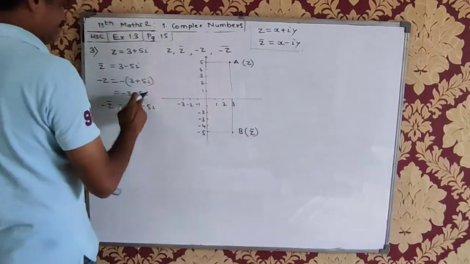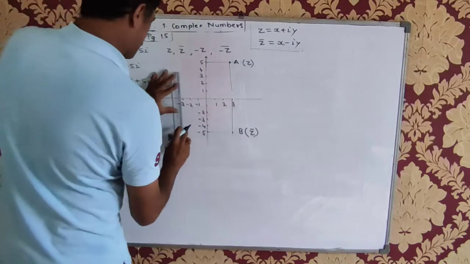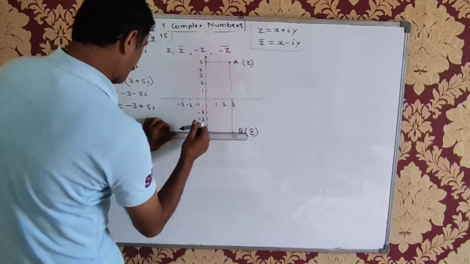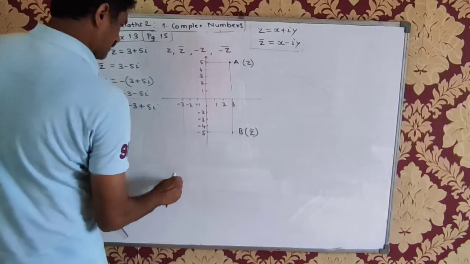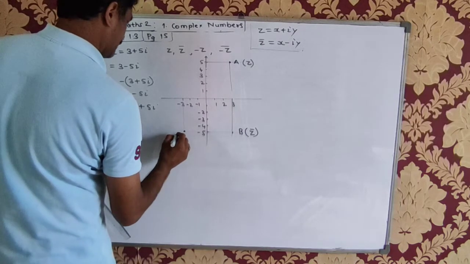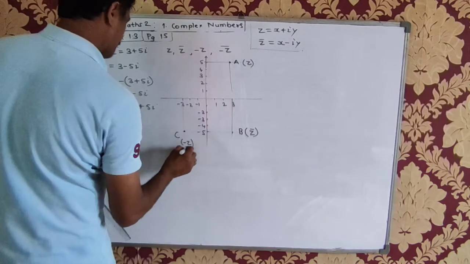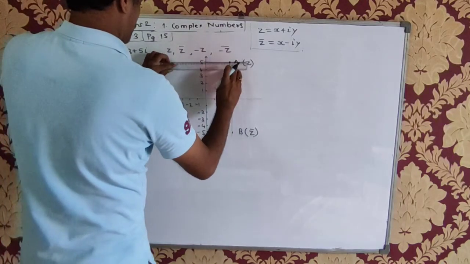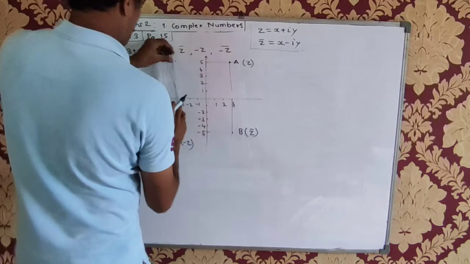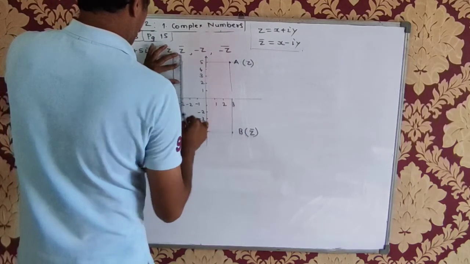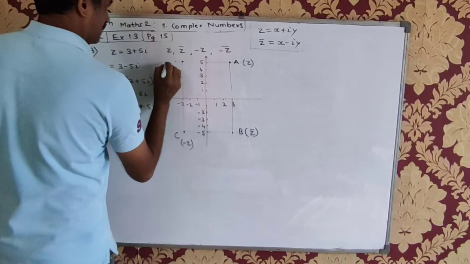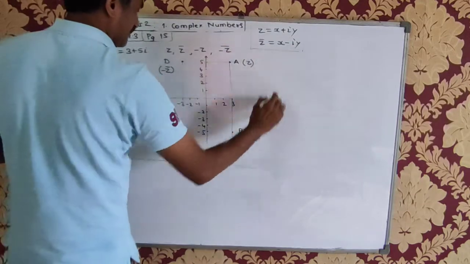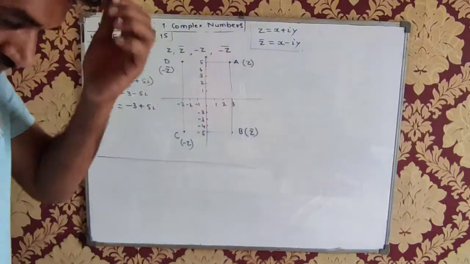Minus z is minus 3 minus 5. This is b, which represents minus z. This is c, which represents minus z bar: minus 3 plus 5. So this is d, minus z bar. That's it. Is this okay?